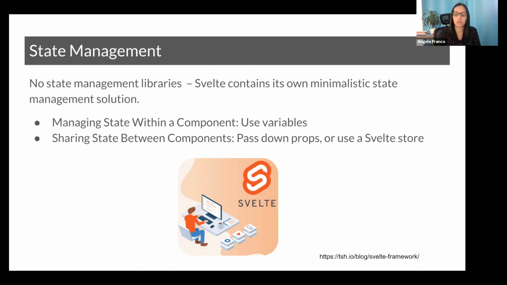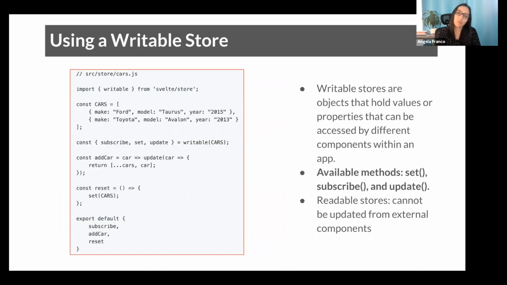So let's look at stores. There are a couple of store types in Svelte. So you can use either a writable store or a readable store. The writable store, any store, is actually in a JavaScript file that your component will import. Now, a writable store has 3 methods. You have the set method that sets the state of a value in your component.